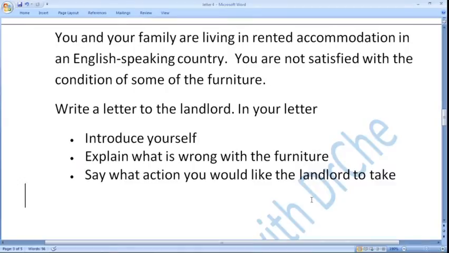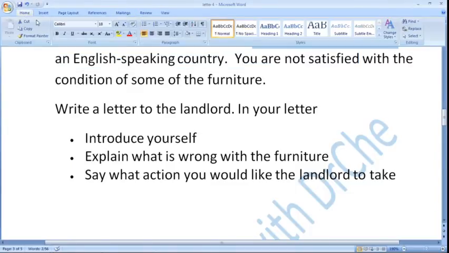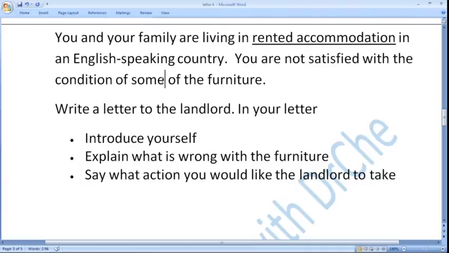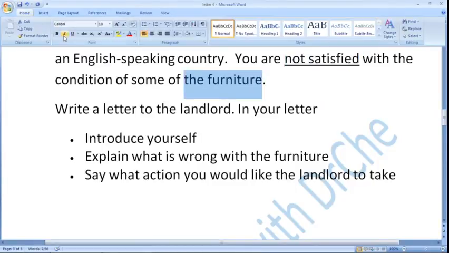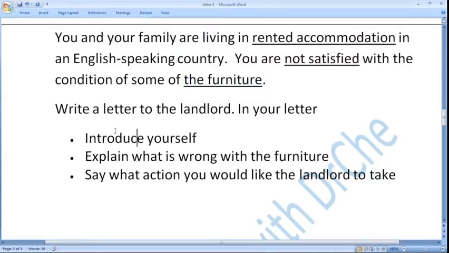So first of all, we will underline the keywords. You are living in a rented accommodation. Now you are not satisfied with some of the furniture. Write a letter to the landlord.